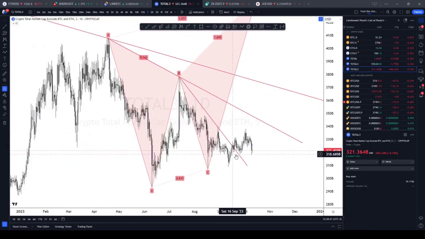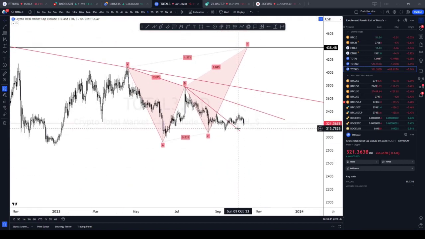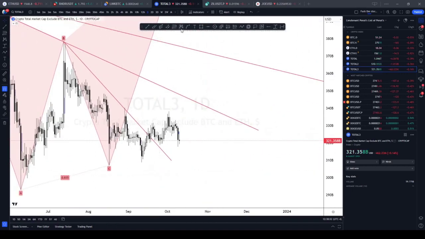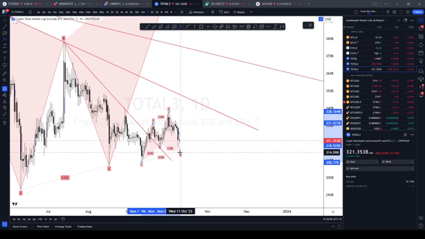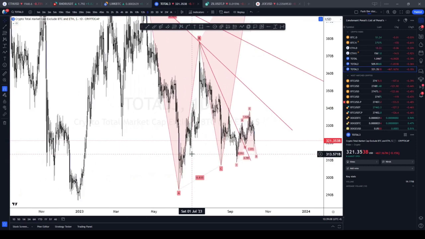Total 3 is looking a little weak at the moment. Could be looking for a cipher on Total 3. So maybe a little bit more move down and we'll get a nice little push up.